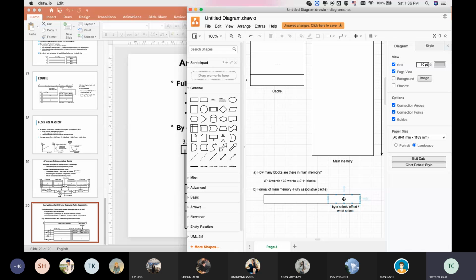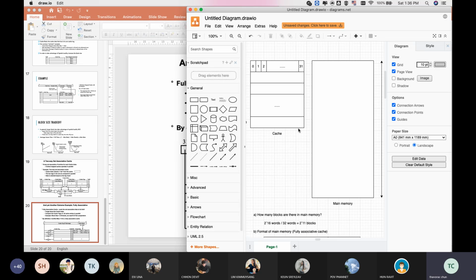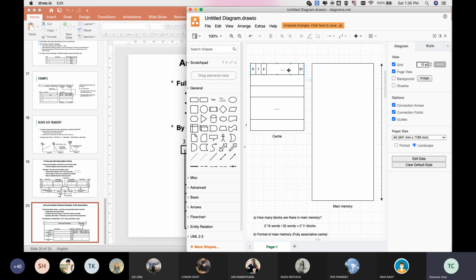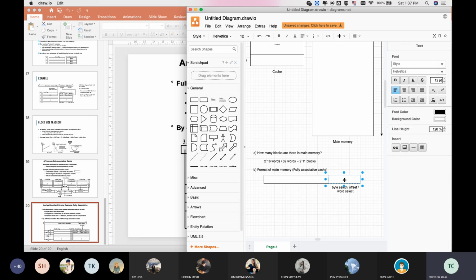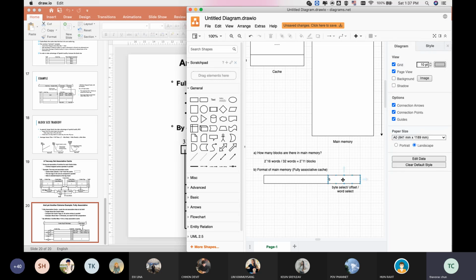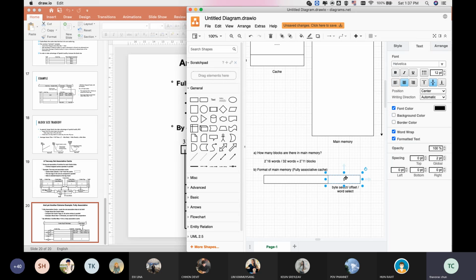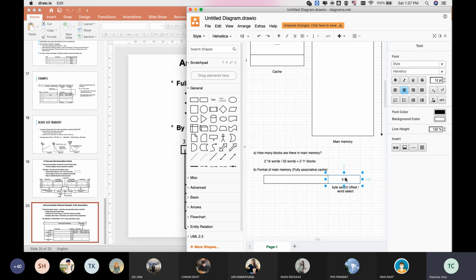The offset or the byte select here refers to the amount of bits that you need to identify each word or each byte inside one block, right? And you see here in one block we have 32 words, meaning that we need 5 bits to encode each word inside one block.